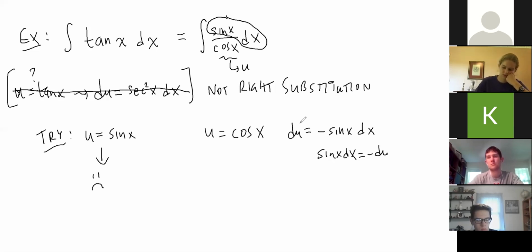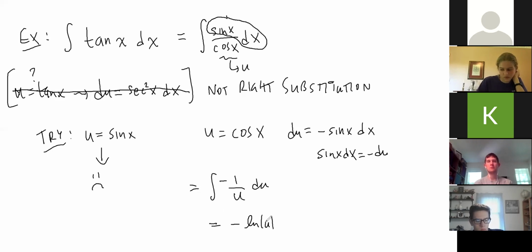At least that would mean that the rest, sine x and dx, becomes negative du. So my integral becomes 1 over u with a minus. Put the minus on the outside, it's just a constant multiple of negative 1. So shoot, that one is a lot nicer. It ends up being negative the natural log of u plus c.